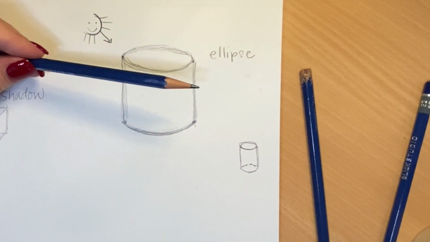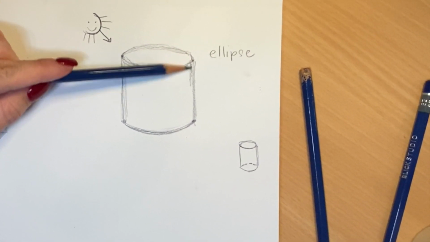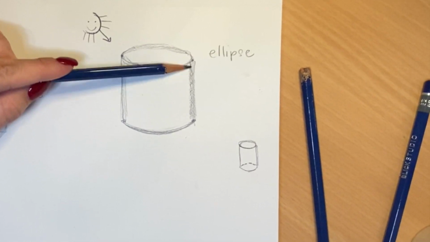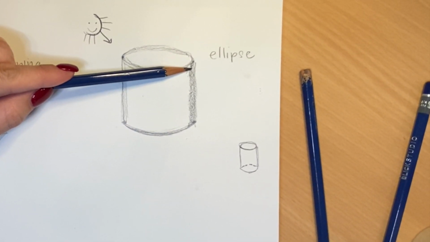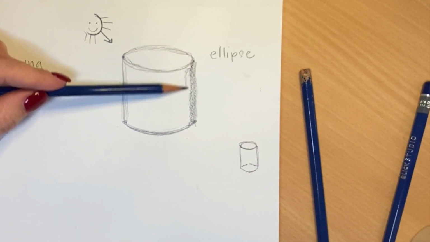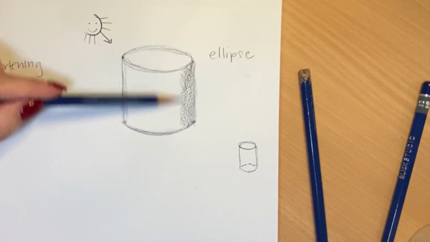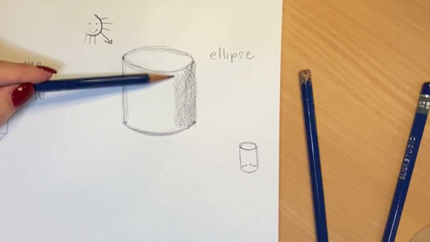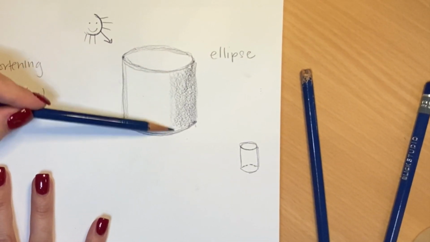I'm going to start again using that side edge of my pencil, and I'm going to shade, starting darkest because that's easiest for me on that edge. Then as I move the opposite direction, I'm going to apply less pressure.